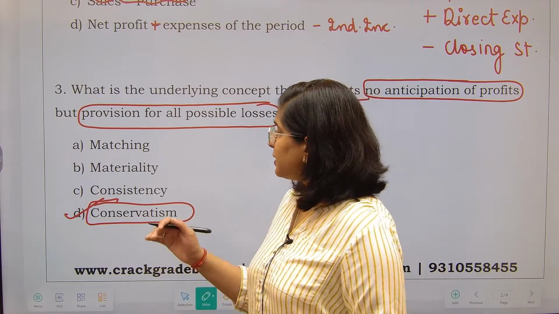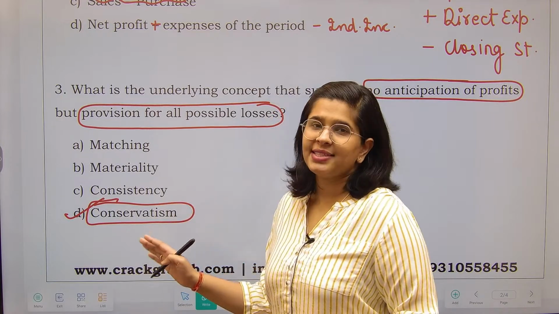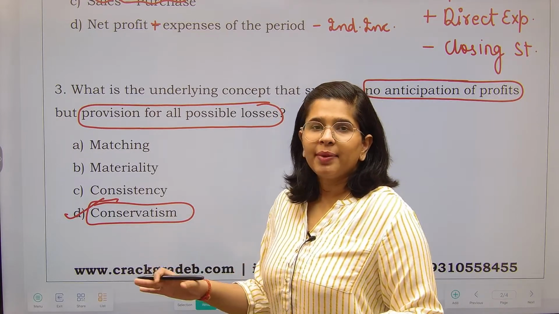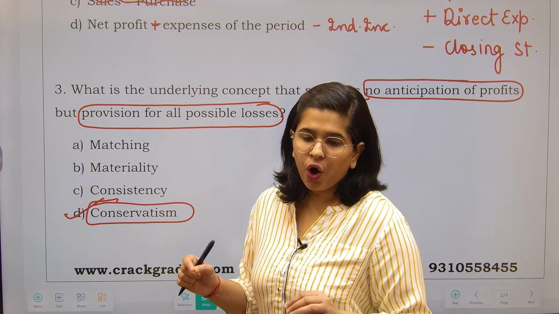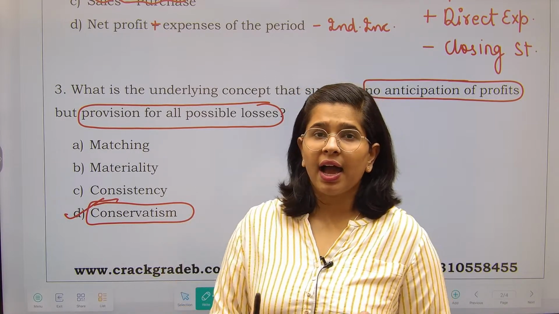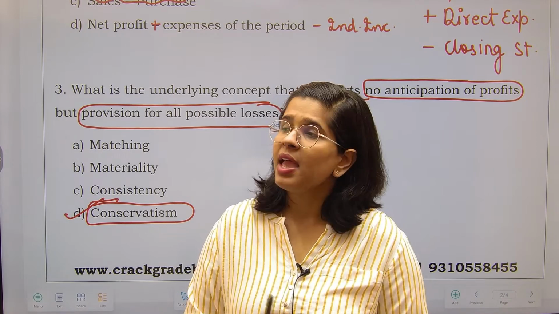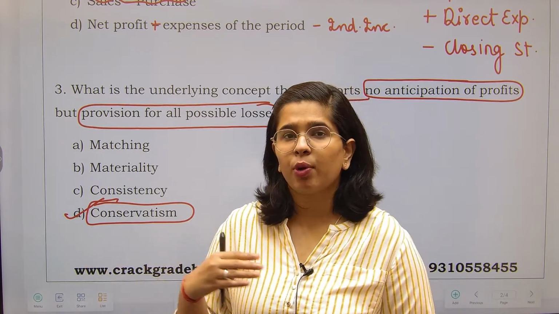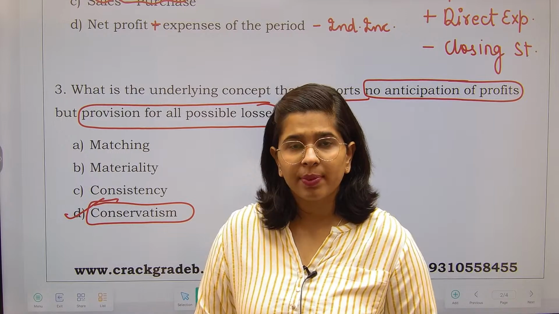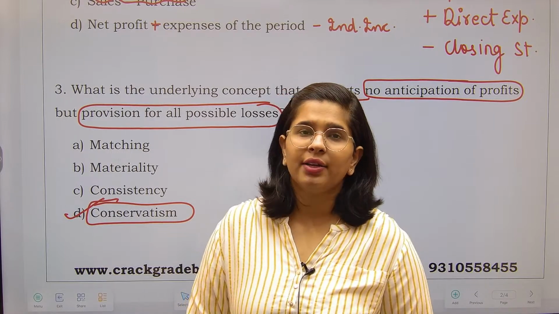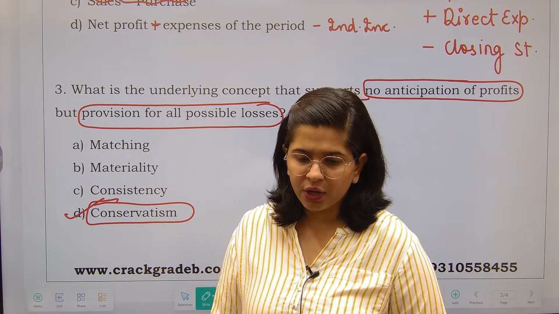So the principle of conservatism says forget about the incomes, record all the losses, whether they have been incurred, obviously, or even if there is a future probability that they are going to be incurred. Please record them in your books of accounts.